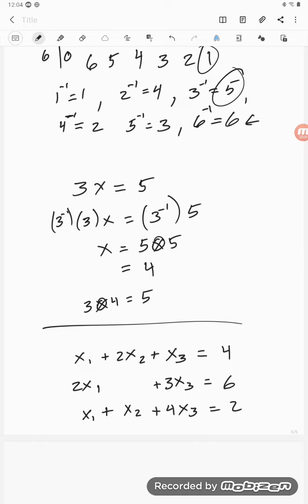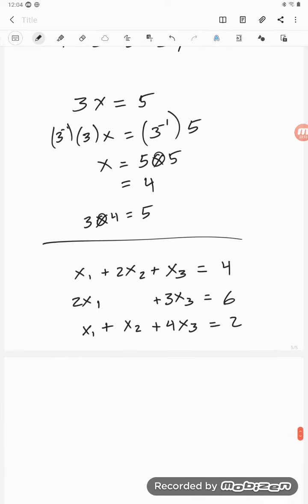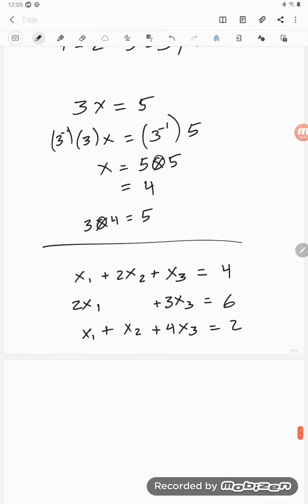Now, what I could do is, here I've got x1 and x3, so what if I just get rid of, say, this x2 down here by multiplying everything through here by 2. So I'm going to take 2 times this bottom equation.